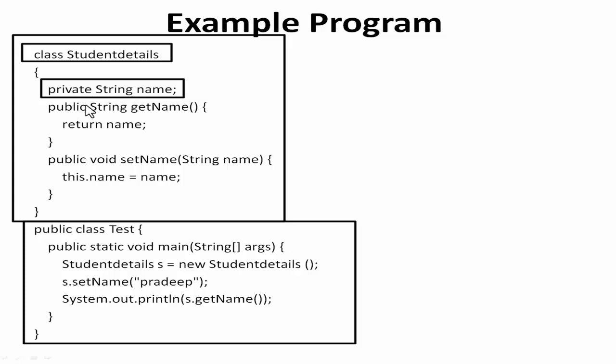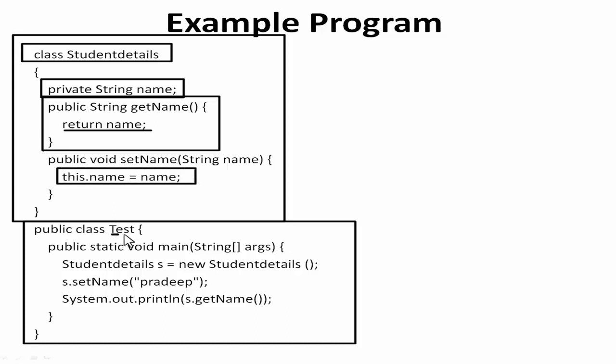You have also given one public method, getName, by which you return the name. Next, in order to set the name, whatever name you pass from another class, you set it using this.name = name.